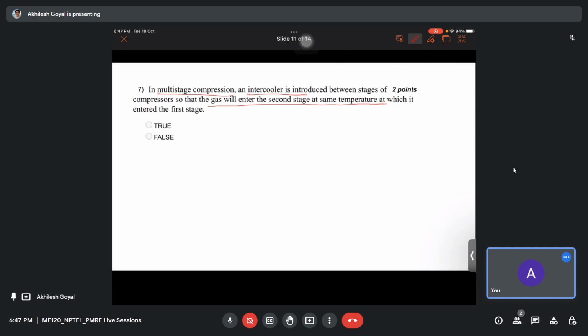And then the air compressed by the first stage is fed to the second stage at the same atmospheric temperature. Okay.